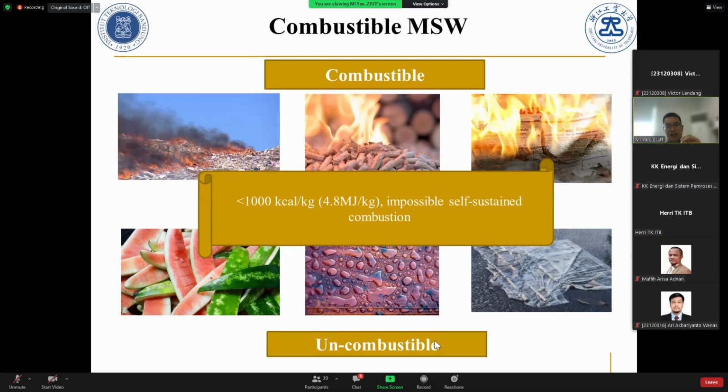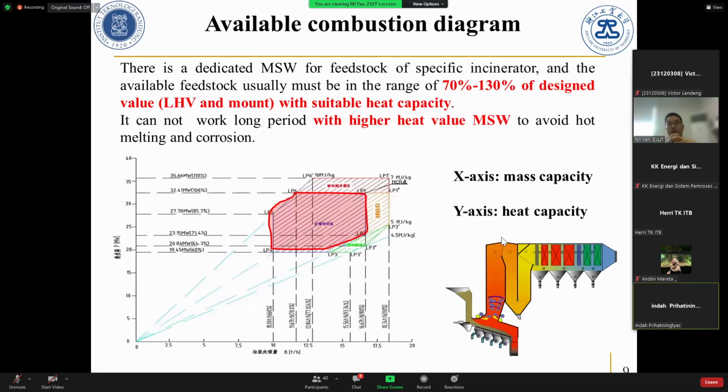So this is the typical requirement for MSW. The low heat value has to be higher than 1000 kcal per kg. Of course, 1000 is not enough; it's only the minimum, right?